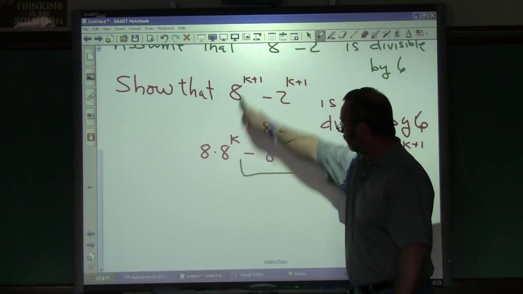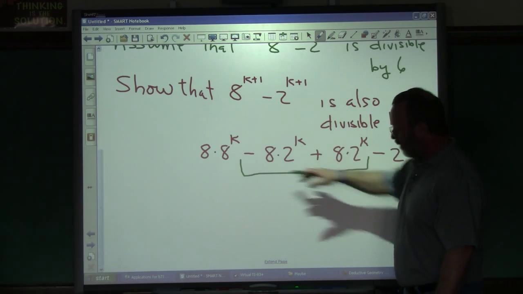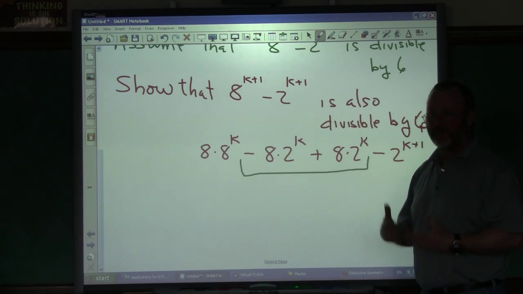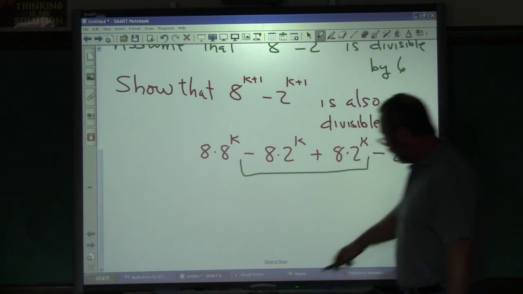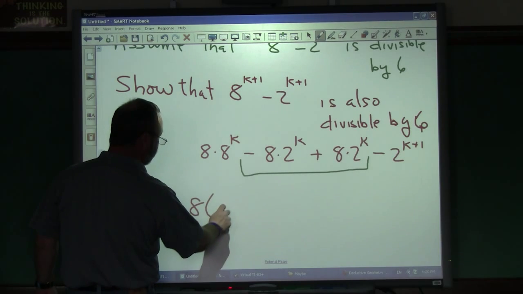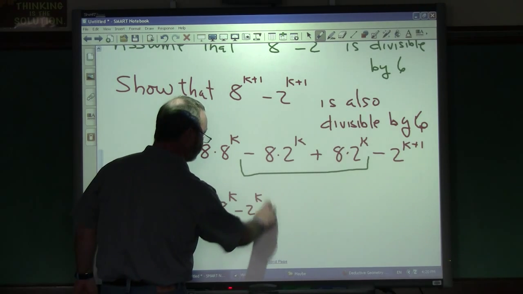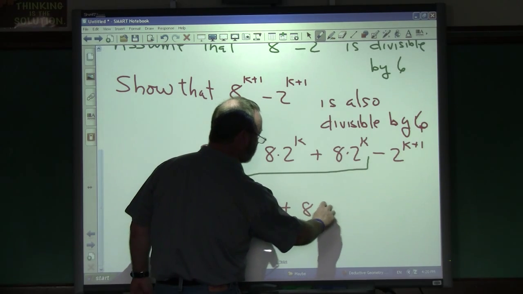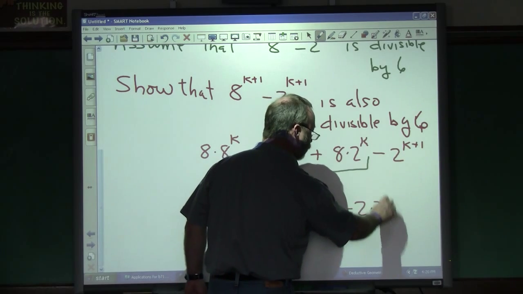So here's my original 8 to the k plus 1 minus 2 to the k plus 1, and then I added 0. And so I'm using that property that adding 0 to any number doesn't change the number. And now I can write this as 8 times 8 to the k minus 2 to the k plus 8 times 2 to the k minus 2 times 2 to the k.